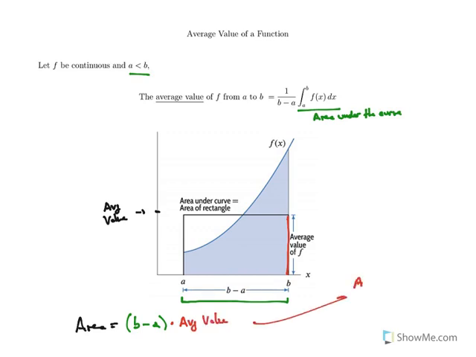Then we take this and we solve for the average value, and we get our 1 over b minus a times the area, which is the integral. So this is a simple application of integrals.